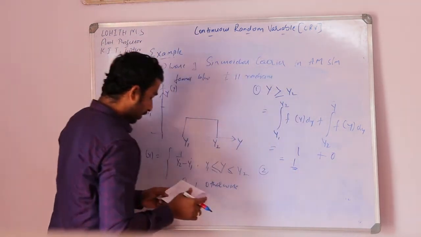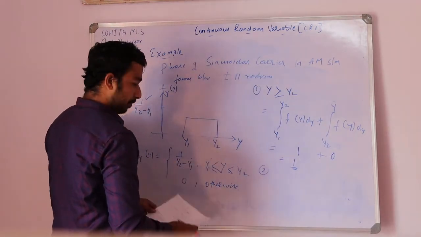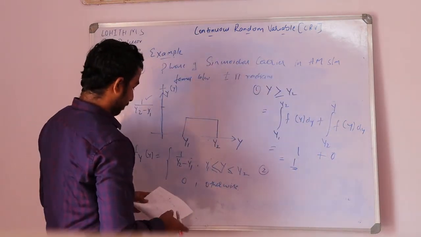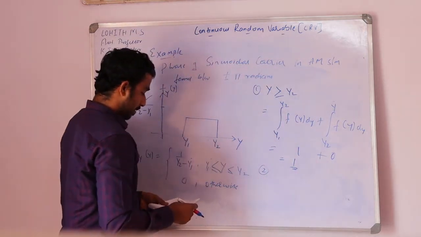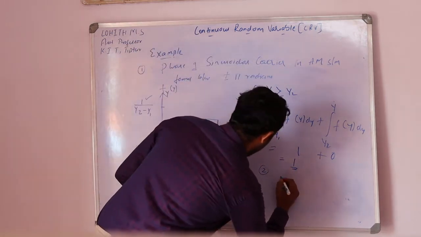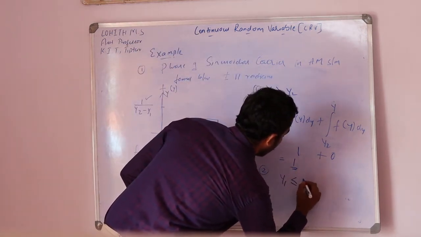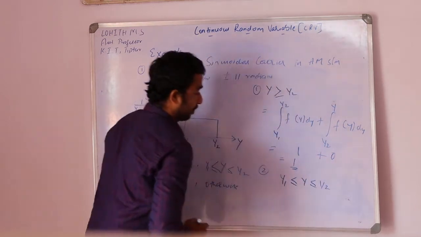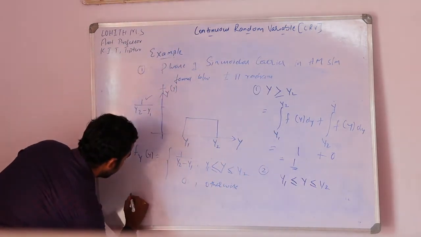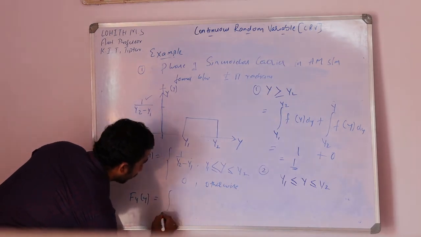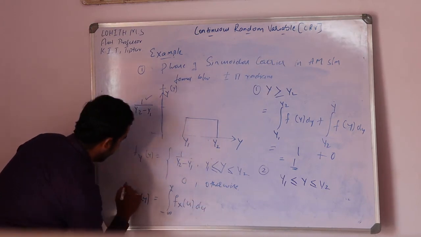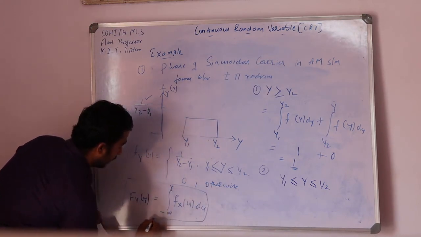Next, for y1 to y2, we have seen the equation that f y of y will be equal to the integral from minus infinity to x of f x of u du, from the previous equation.